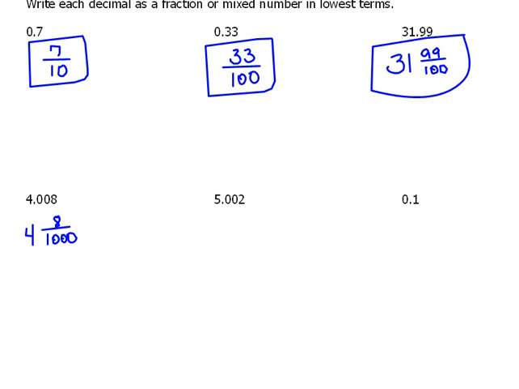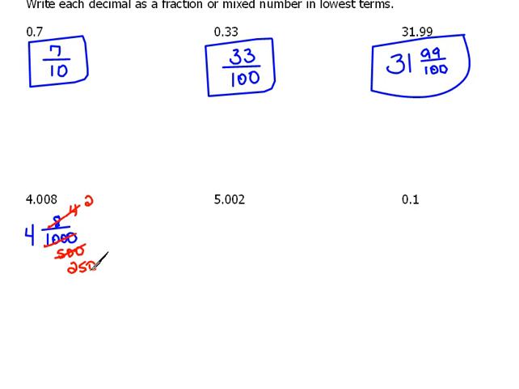There are a couple of different ways that you can do this. If you just look at this and say, well, I know that 2 will go into both of them because they're even, you can do that. 2 goes into 8 4 times, and 2 goes into 1,000 500 times. But now 4 and 500 can still be reduced further. 2 will go into 4 2 times, and 2 will go into 500 250 times.